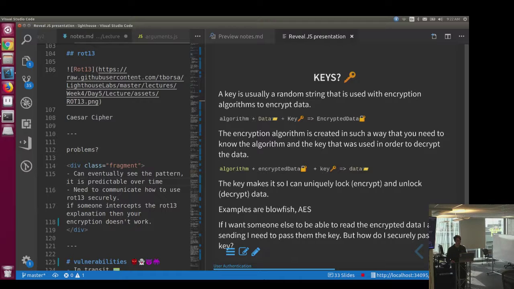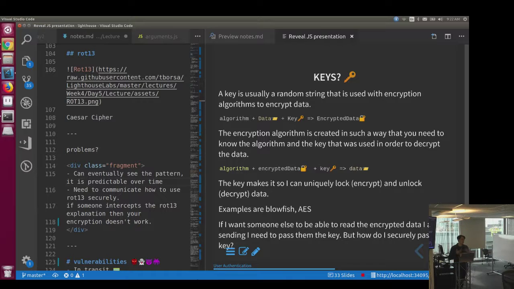So they're very secure. It's kind of out of scope of this lecture to look at how one of these algorithms is built. But you can look into it, and if it's something you're interested in, it's not terribly complex. But yeah, it is interesting. Some examples are Blowfish, AES.